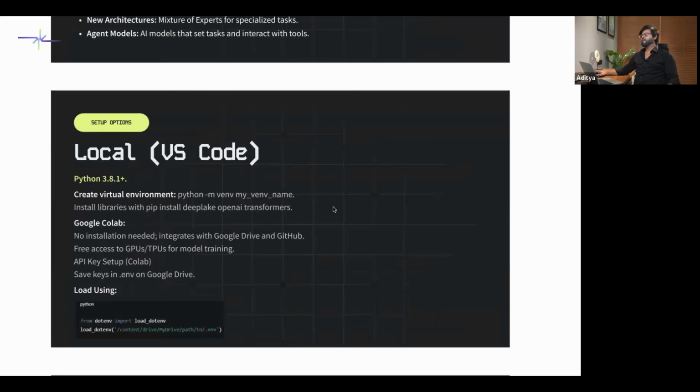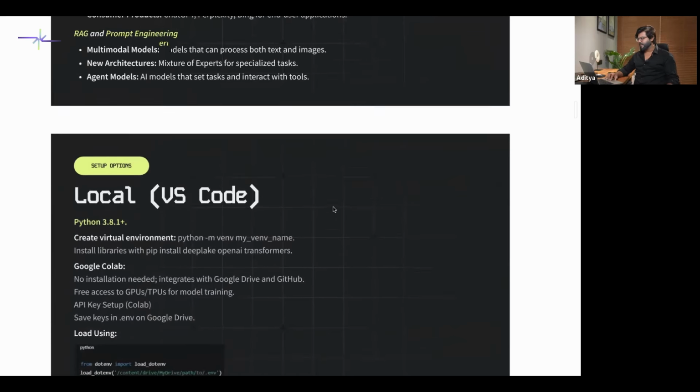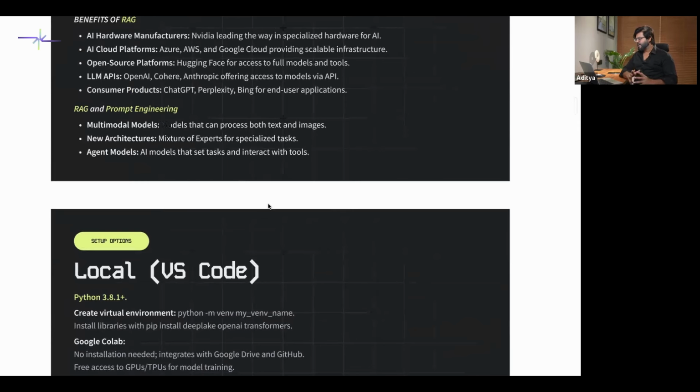This is important. Also, I'm going to touch one more aspect, which is the multimodal and the new architectures which have come in. Again, the concept of mixture of experts. Raise your hand if you have heard about DeepSeek. A lot of you have.